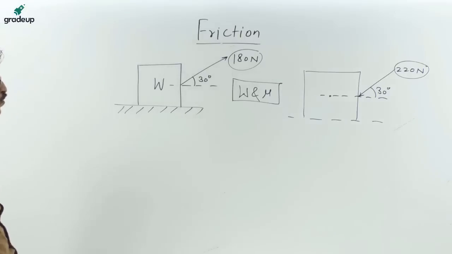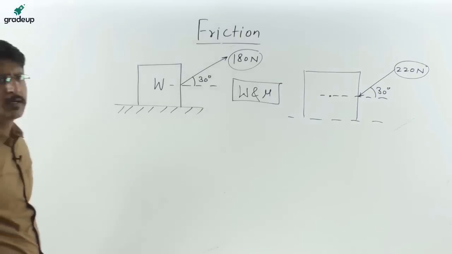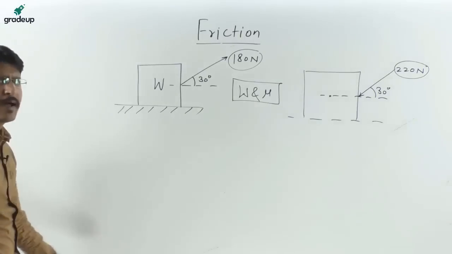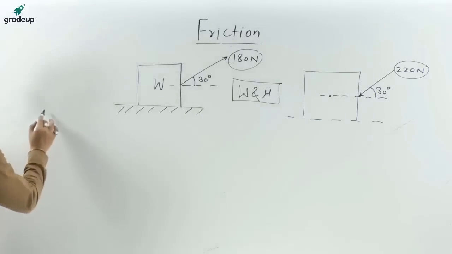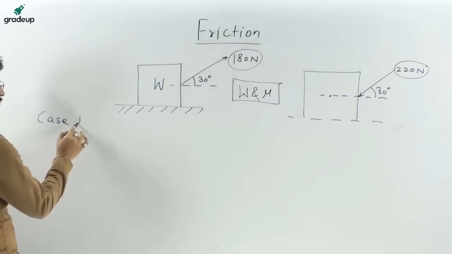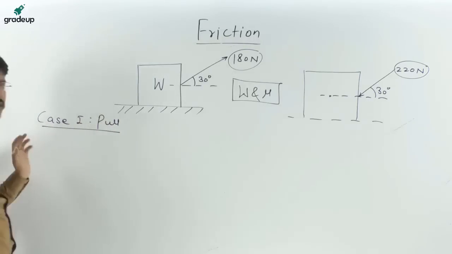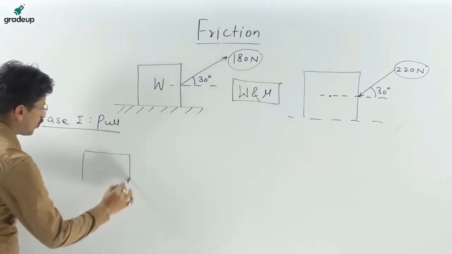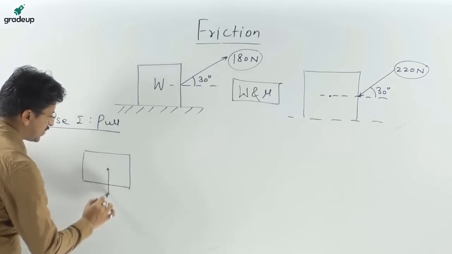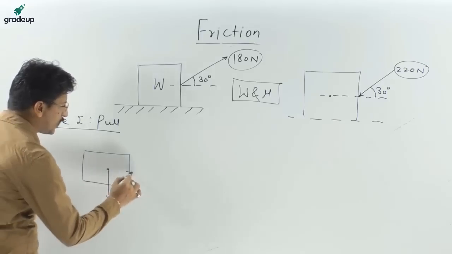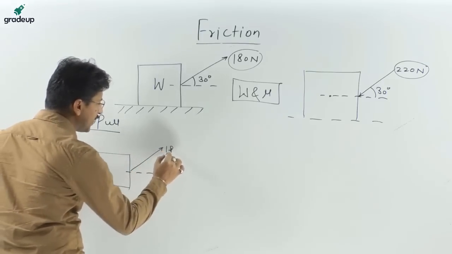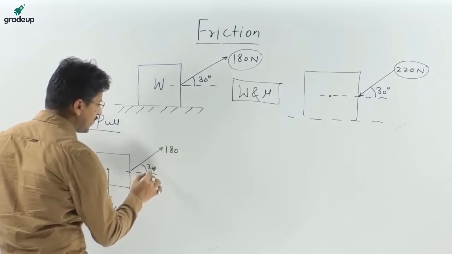It's a very simple problem. I will take both the cases one by one. Case 1 is the pull. Just drawing the FBD, nothing more to do. This is the center of gravity, weight is acting downwards. This is the force of 180 acting at an angle of 30 degree.